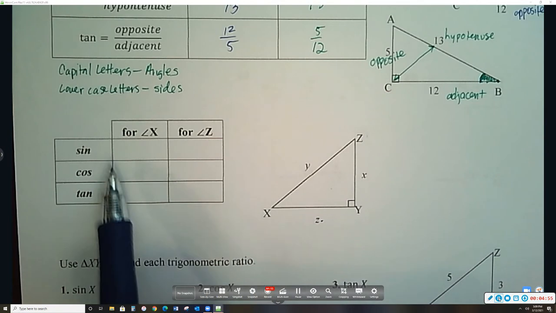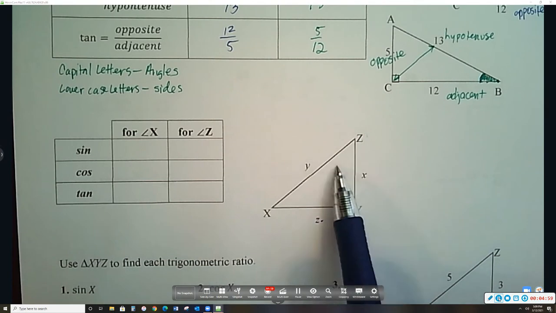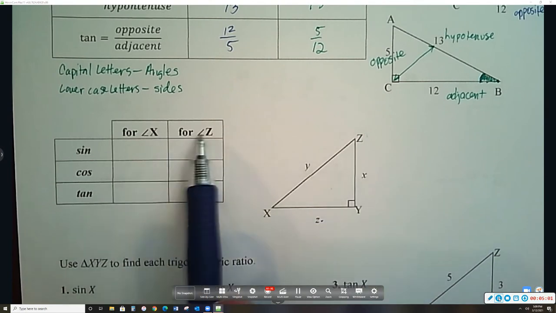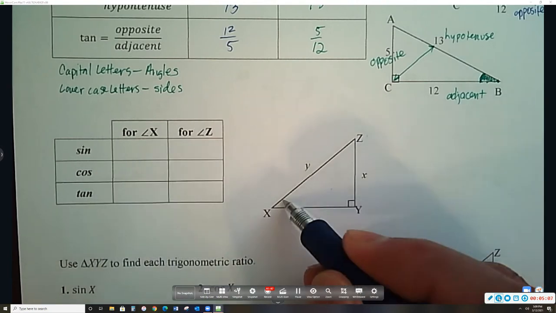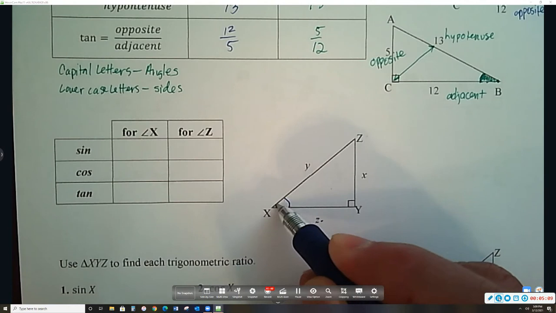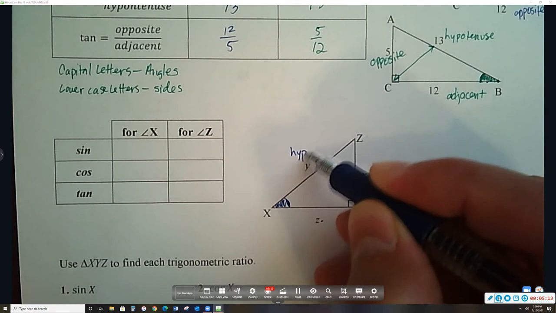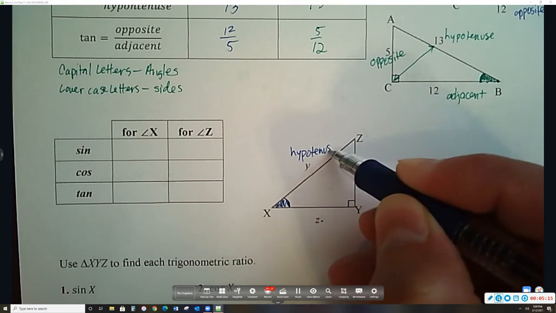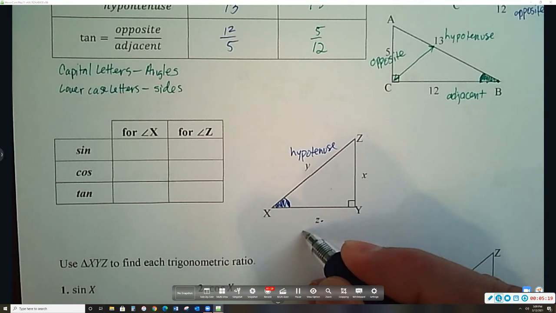But anyway, we're going to find sine, cosine, and tangent for this triangle, and then for these two acute angles. So sine for angle x. Again, I'm going to first identify where the angle x is, and then say, okay, this guy over here is the hypotenuse. This side is next to it, or it's adjacent to it.